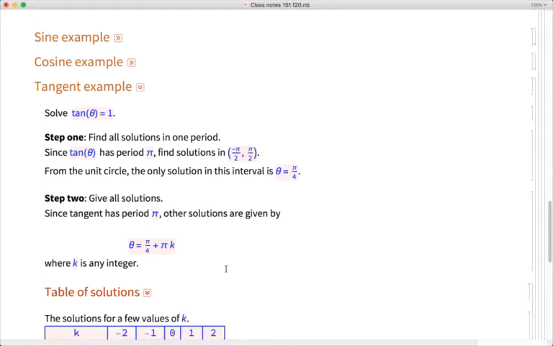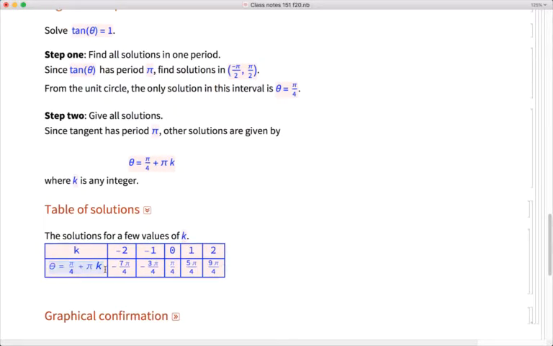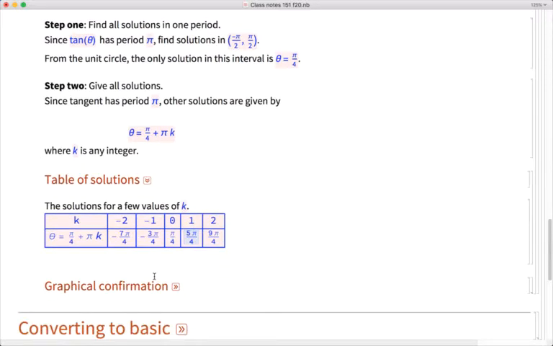The table this time has 2 rows, one for the k, but only 1 row for the solutions. So when k is 0, we get that initial solution that we found, pi over 4, and then we get other solutions by adding on multiples of pi this time. Not multiples of 2 pi, but just multiples of pi. It could be positive or negative multiples of pi.